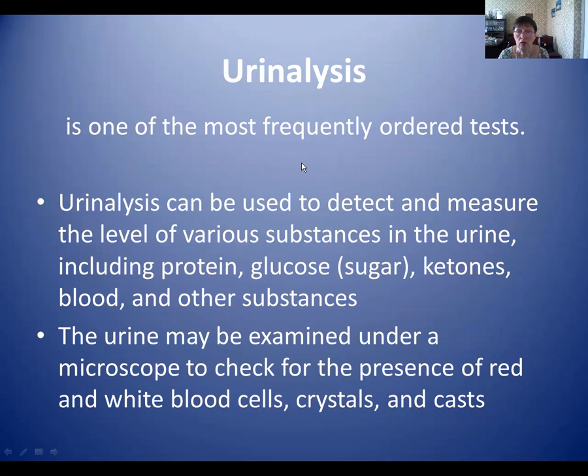This is one of the most frequently ordered tests. And you may detect by urinalysis and measure such substances as protein, glucose, ketones, blood. You may also find, using a microscope, the presence of red and white blood cells, crystals, and casts.